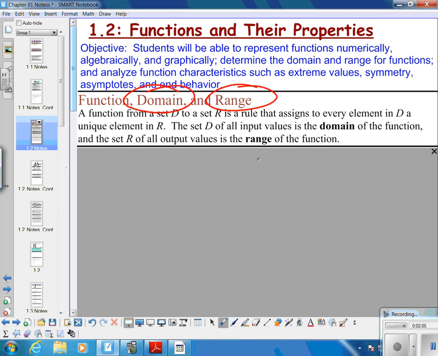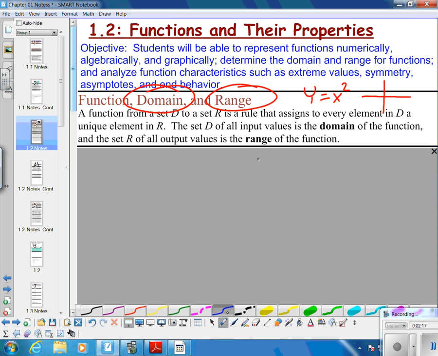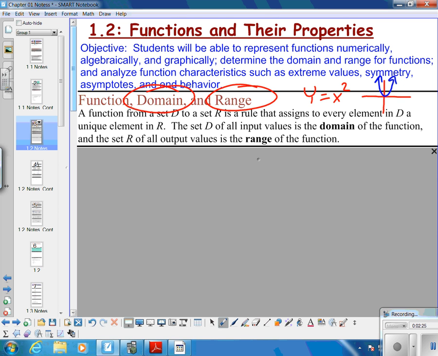If we had the graph of the basic parabola y equals x squared, well, you know that graph looks like this, where the vertex is at the origin. So in this case, our domain would be all real numbers, and we would write domain: all real numbers.